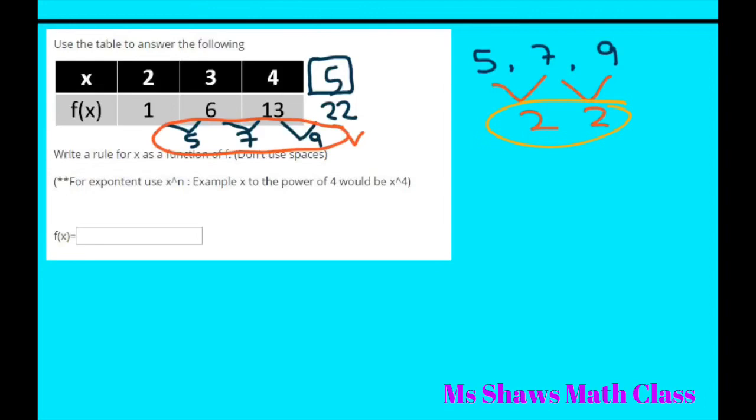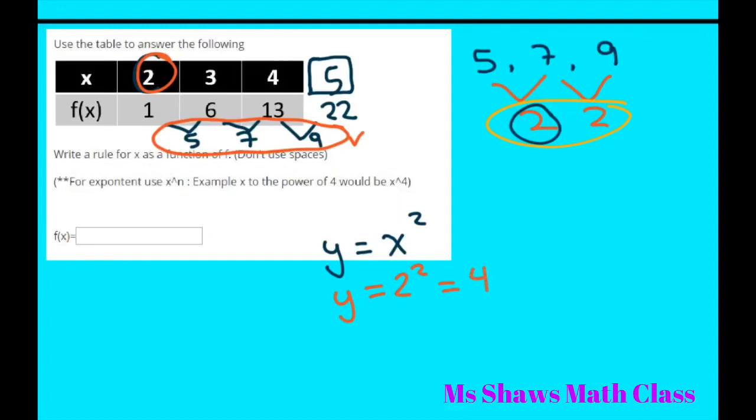So let's try y equals, since it's 2, x squared. Let's plug in our x. The first one is 2, so we get y equals 2 squared, and that equals 4.